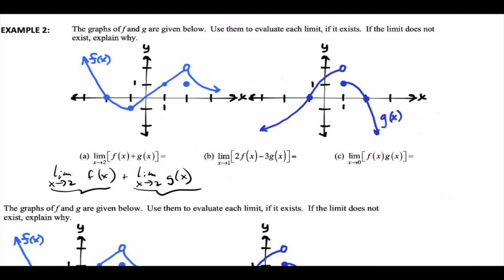So for f, there's 2 right here. It looks like from the left side I'm coming to positive 2, and from the right side they're meeting at positive 2. Y equals positive 2. So it looks like the limit is going to be 2.